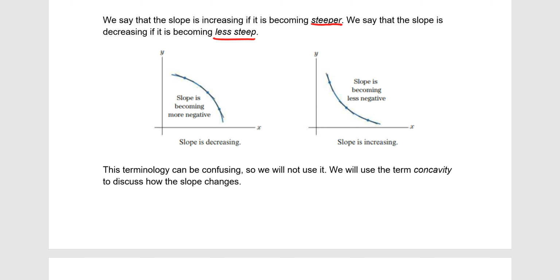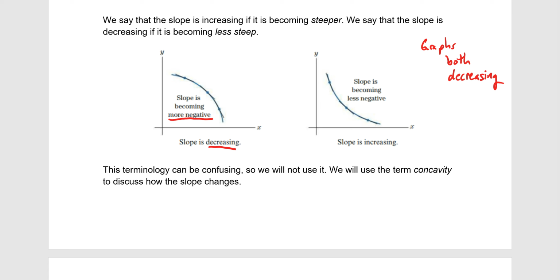For example, we have these two graphs, and both of these graphs are decreasing, right? We know that because they're both falling left to right, but they are decreasing at different rates. On the left, the slope is becoming more negative, so the slope is decreasing.